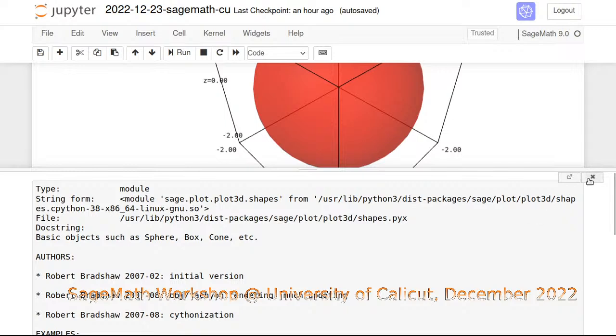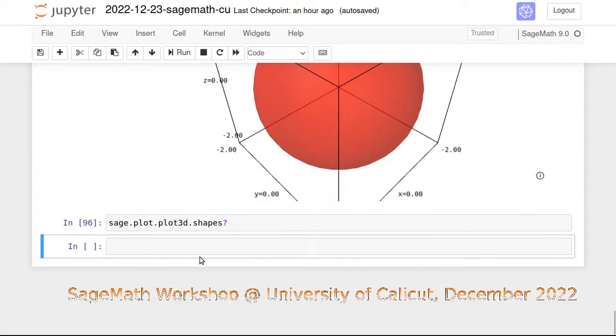We need not know what exactly is the function corresponding to the cone. In plot 3D you are supposed to give the function name, but if you are using just cone, just box, just sphere, don't worry about that. In the case of box you need to give the dimensions, in the case of sphere you need to give the dimensions, etc. So cone.